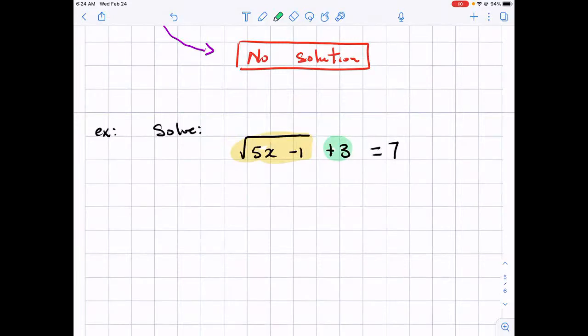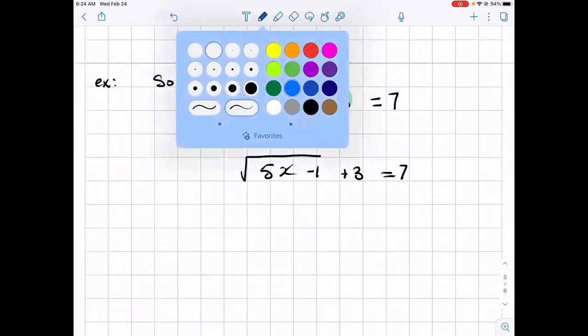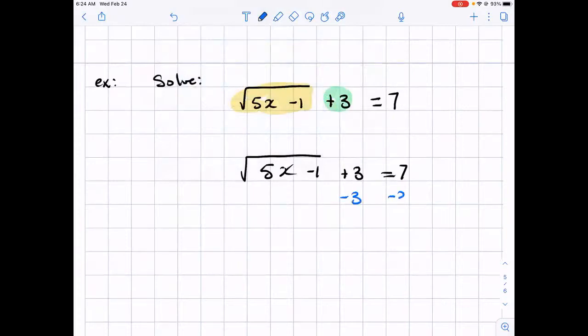So before we can start to eliminate the radical, we must first isolate that radical, meaning leave the radical by itself. So what we do, okay, is we will remove the plus 3. Okay? And to do this, we first minus 3 on both sides.